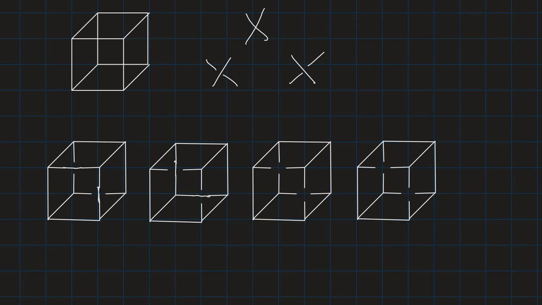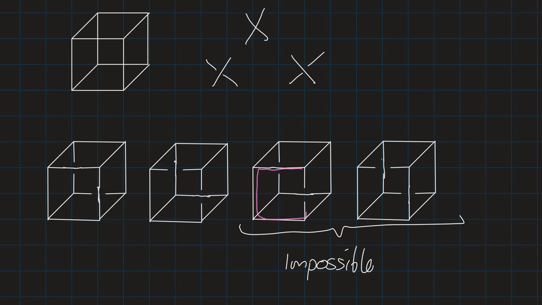If I draw something like this and like this, and like this and like this, well, now these 2 cubes, they sort of look impossible. They don't really seem like they fit into the real world. Because sometimes you might think this looks like it's the front face, but then it goes behind here. And this looks like it's the front face, but then it goes behind here. So these are sort of like impossible cubes.